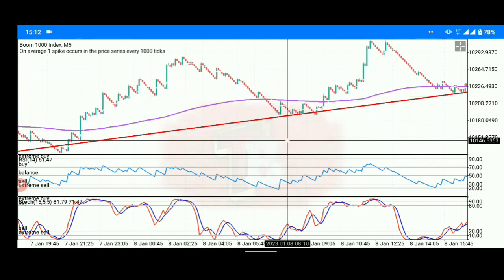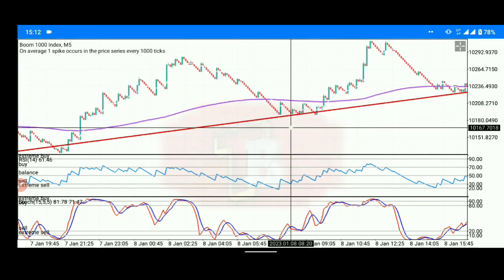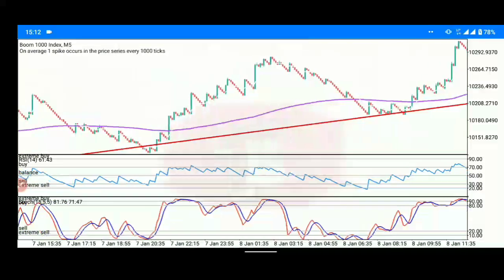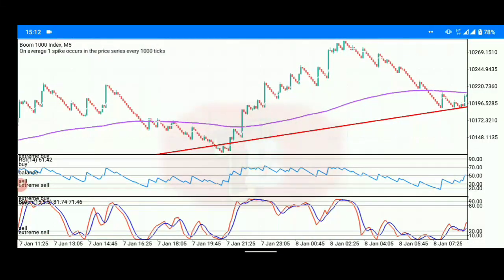This is our 200 moving average. Once the spike candlesticks start trading above the 200 moving average, you know that it is an uptrend.